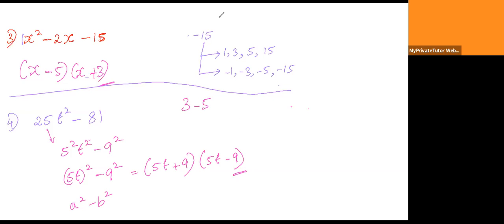I hope everyone understands so far how to find the factors. For now, we'll move on. What if the a value is more than 1? This is the question. So far, the a value is always 1.